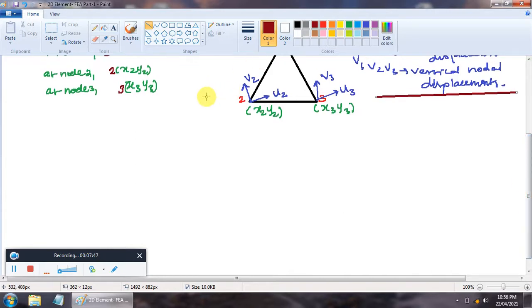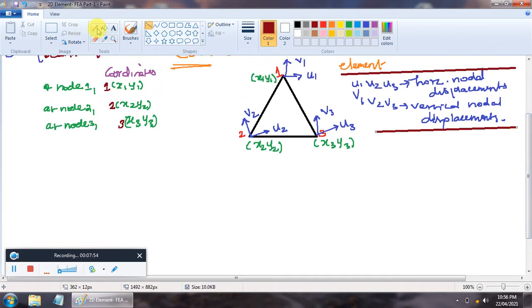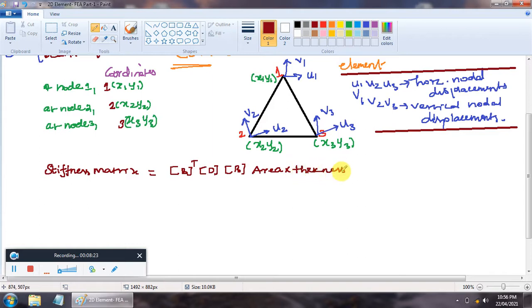Now coming to the stiffness matrices. The first thing we need to find here is the stiffness matrix. As per the definition, the stiffness matrix is equal to B transpose D B into volume, which we can write as area into its thickness.